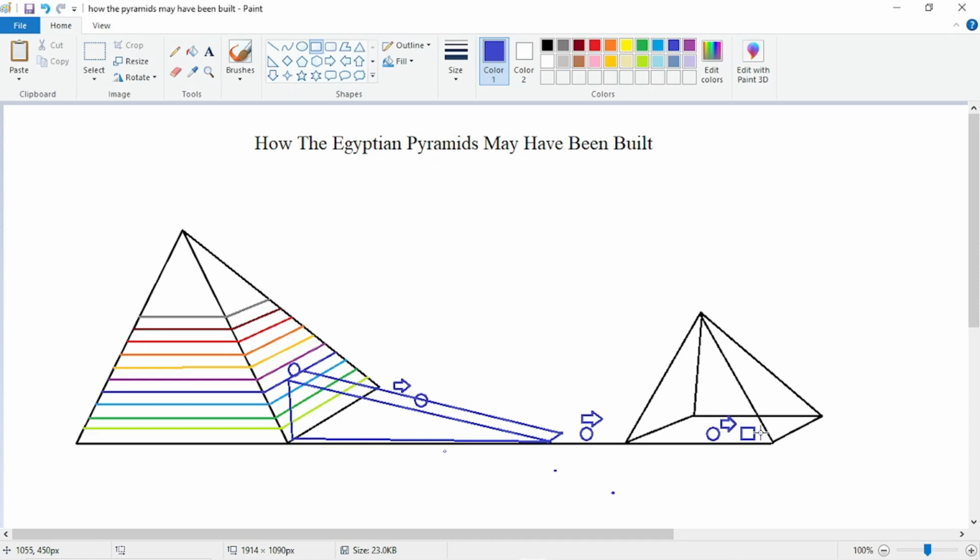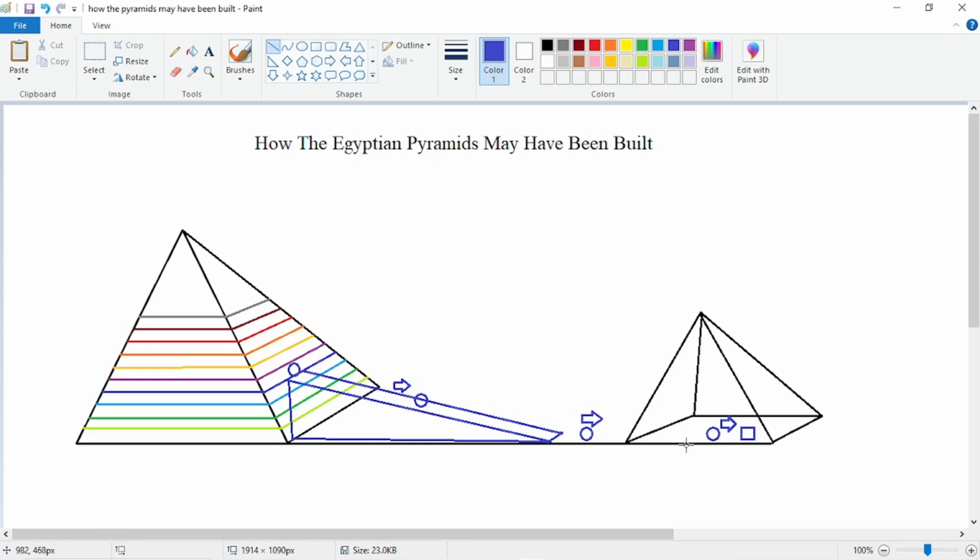At that point it would be almost exactly where they needed it, just feet away, so it wouldn't be too much effort to move it to where they needed it. And so there you go.